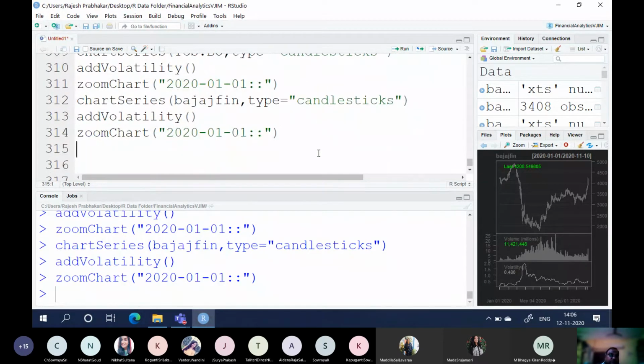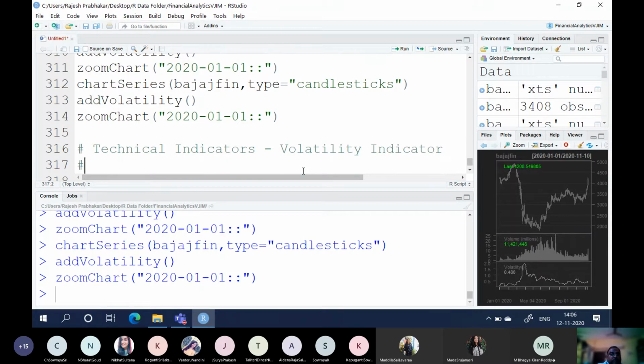Then, technical indicators. Volatility indicator. The most important is Bollinger Bands. Bollinger Bands are based on standard deviation calculation.